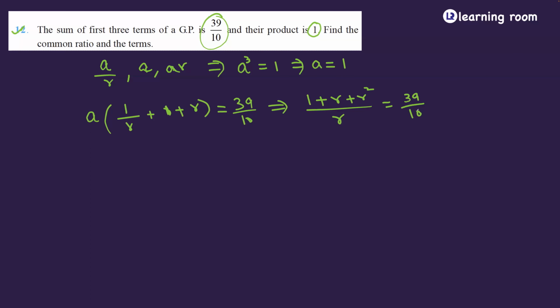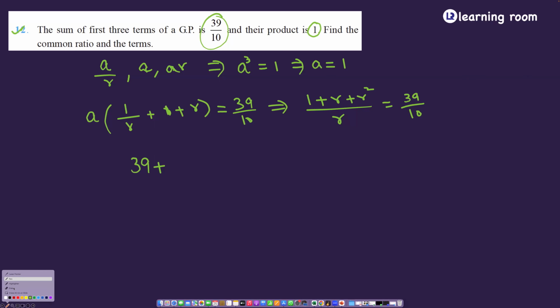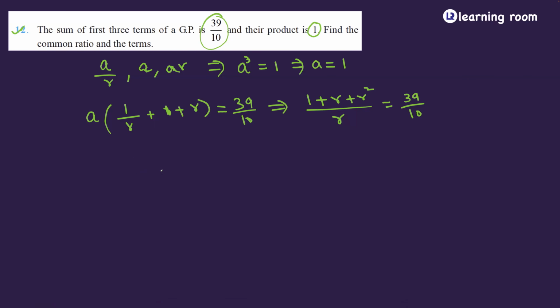1 plus R square, the whole divided by R is equal to 39 by 10. Cross multiply, you will have 10 plus 10R plus 10R square is equal to 39R.